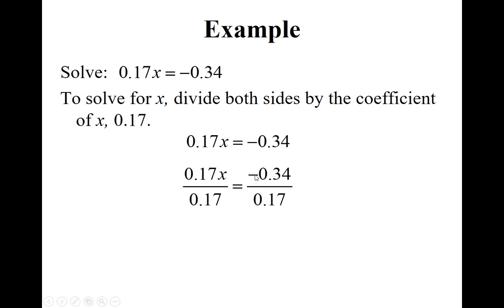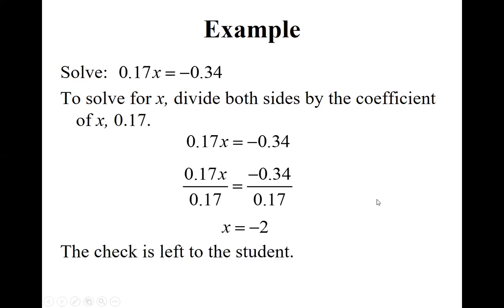On the right, negative divided by positive is negative. 0.34 divided by 0.17, well, we can't divide by 0.17. We can divide by 17, though, which we get by moving the decimal point 2 to the right. If we move it 2 to the right on the bottom, we have to move it 2 to the right on top. That's negative 34 divided by 17, which is negative 2. I leave the check to you.